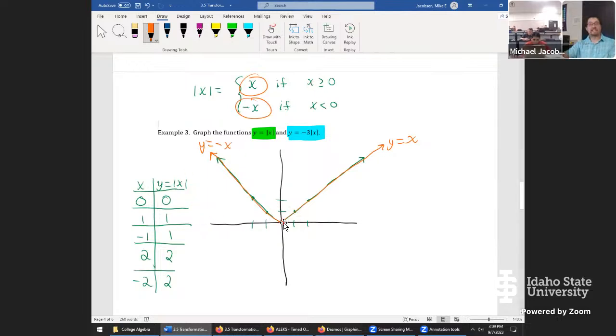But again, it just stops right here because it only is valid for negative x's. So we just took two linear functions, y equals x and y equals negative x, jammed them together, and that's the absolute value function. Really kind of weird, right? I think it's easier to explain that function by saying it just returns positive no matter what, but this is what it actually looks like graphically.